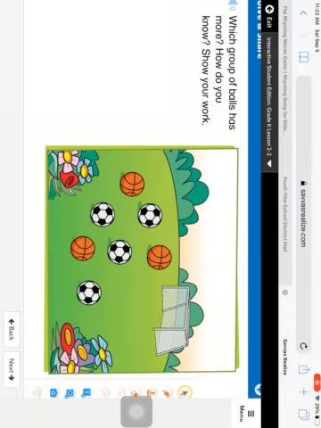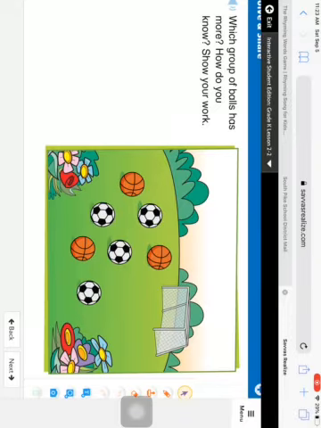So let's look at our basketballs. Our basketballs are our orange balls. So how many basketballs do we have? 1, 2, 3. We have 3 basketballs. So if we have 4 soccer balls and 3 basketballs, which do you think has more?